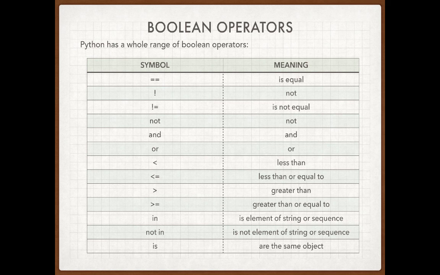And the answer to that is true. A is in apple. Here's a case if we wanted to negate that where we use the word not. We can say, is A not in apple? That would be false. So we can ask whether the thing on the left is not an element of the string or the sequence on the right.